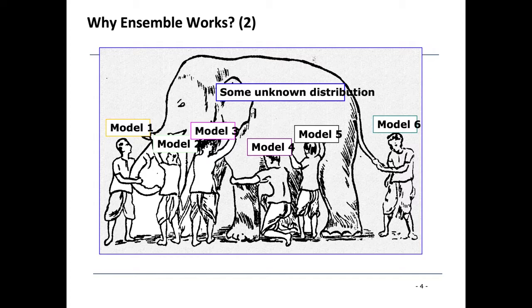Not every model is accurate in all parts of the domain of the underlying distribution. So the ensemble gives me that global picture. No individual recommender system, no individual classifier understands the entire thing. That's the point we're getting across here.